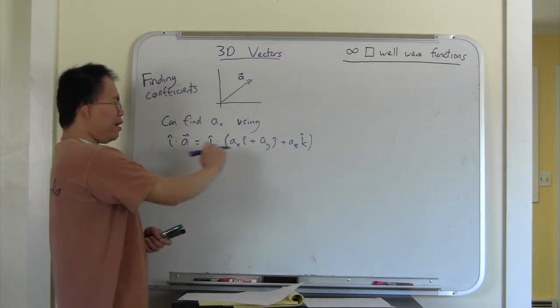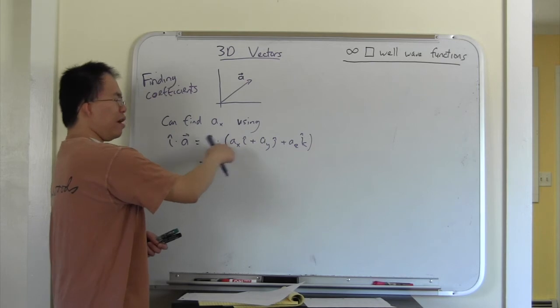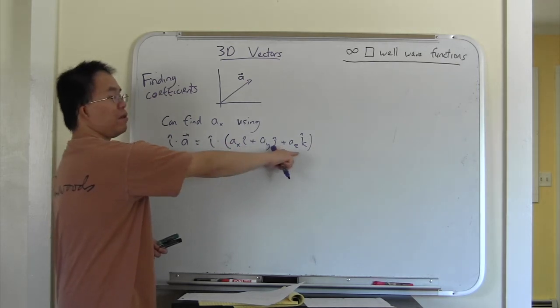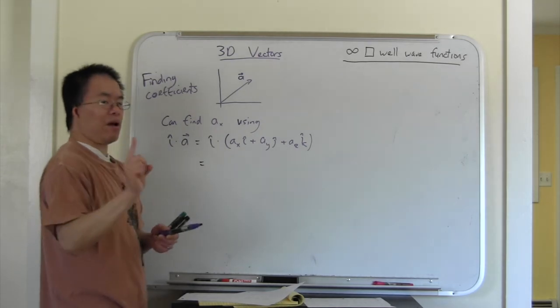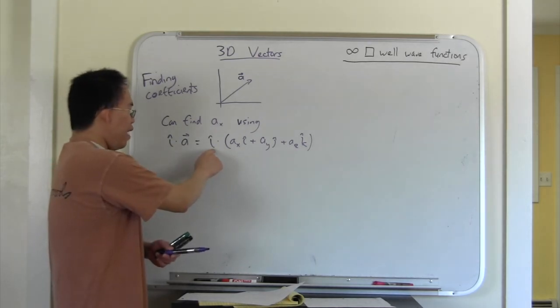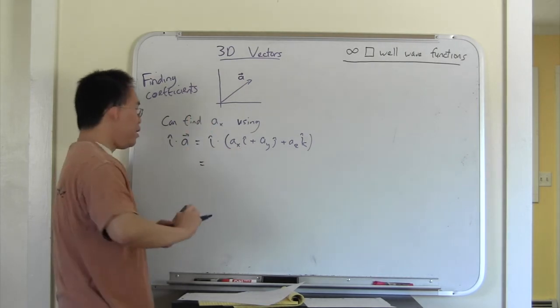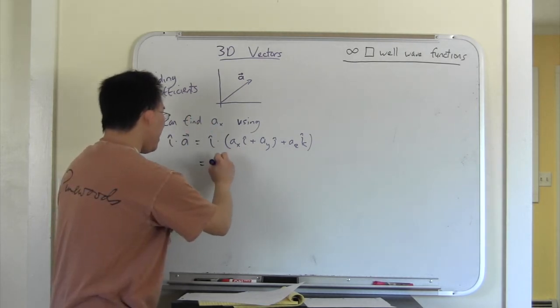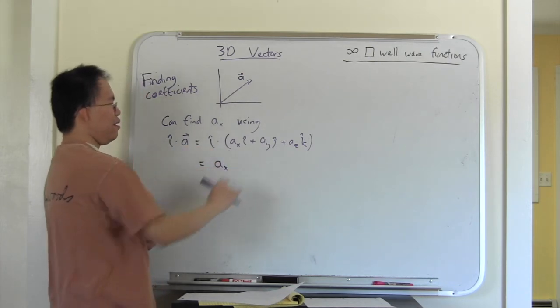My dot product is distributive, so I can distribute my dot product in all three of these terms. Now, here's the important thing about orthogonality. If I have i hat dot i hat, I get 1. So this gives me A sub x from this first term.